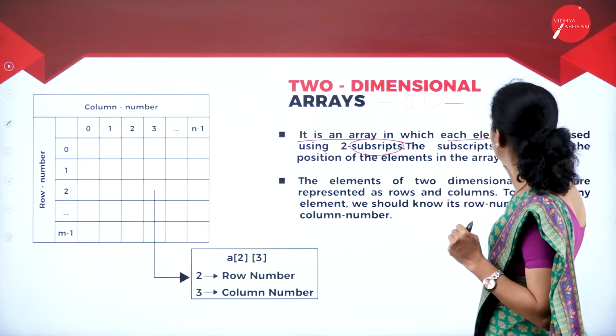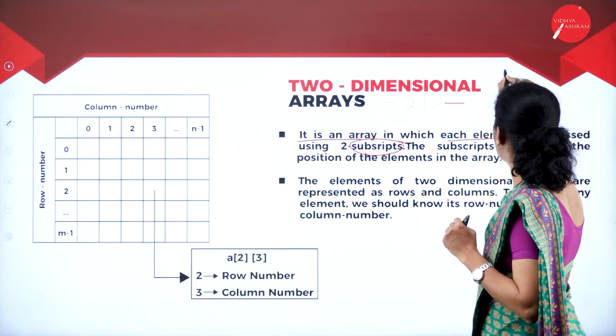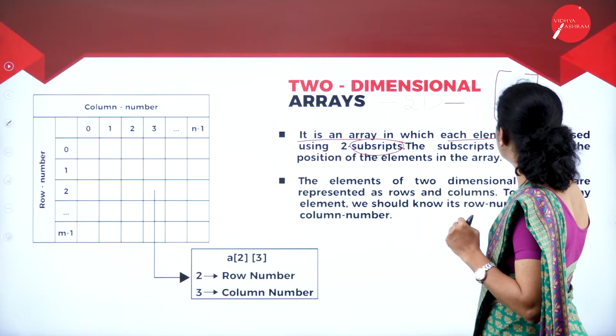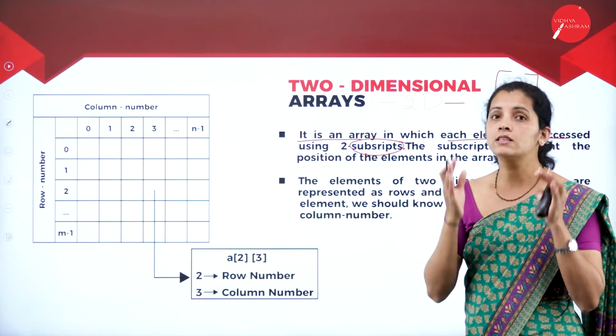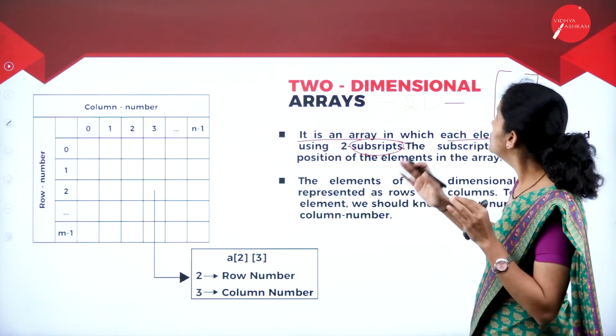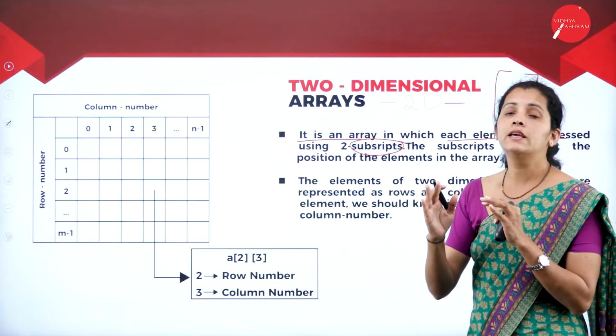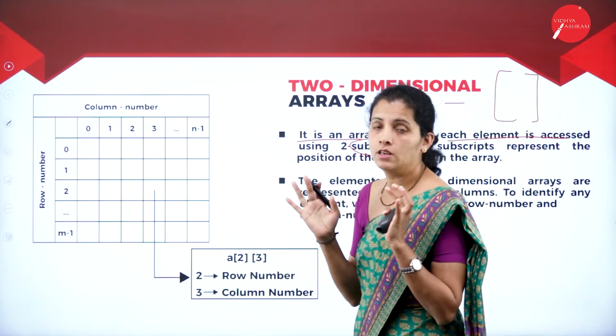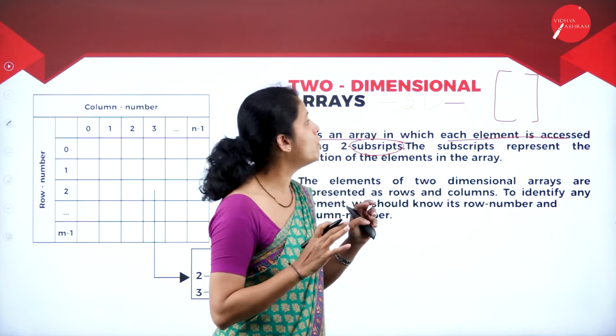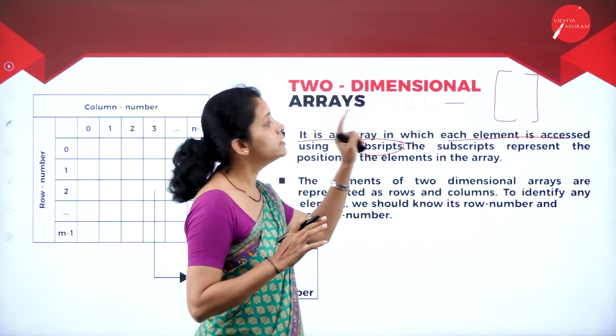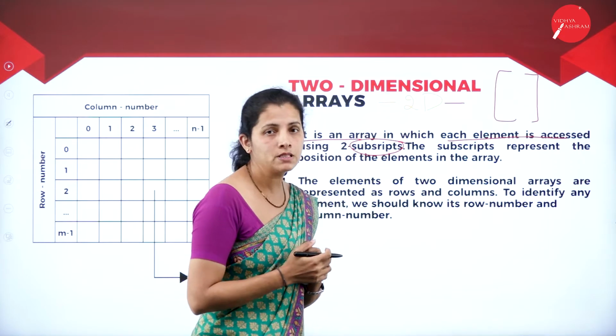For example, think that I'm going to have a matrix representation. Dear students, just remember one thing, that 2D is nothing but the matrix representation. The best example for 2D is the matrix representation.